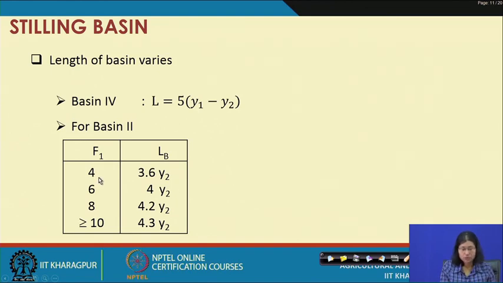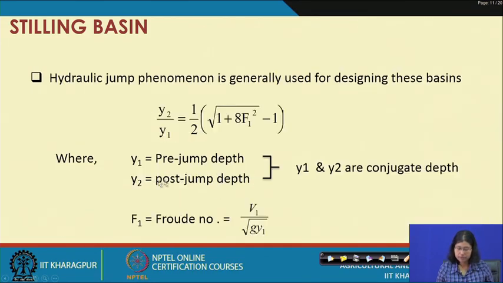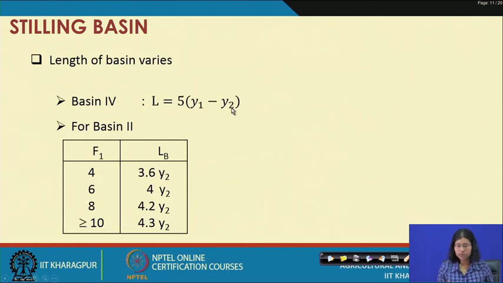If the Froude number is 4, we generally keep it as 3.6 y2. If the Froude number is 6, we keep it as 4 times y2. If it is 8, 4.2 y2, and if it is more than 10, then we generally keep it as 4.3 y2, where y1 is the pre-jump depth and y2 is the post-jump depth of the stilling basin.